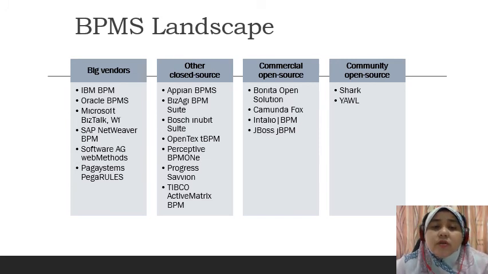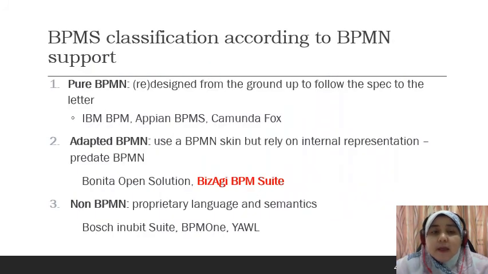Other closed sources kita ada Appian, Bizagi, Bush, OpenText. Commercial open source kita ada Bonita, Camunda, Intalio. Open source kita ada Shark and YAWL. Saya harap in the future kita boleh fokus on YAWL as part of the development for this course.